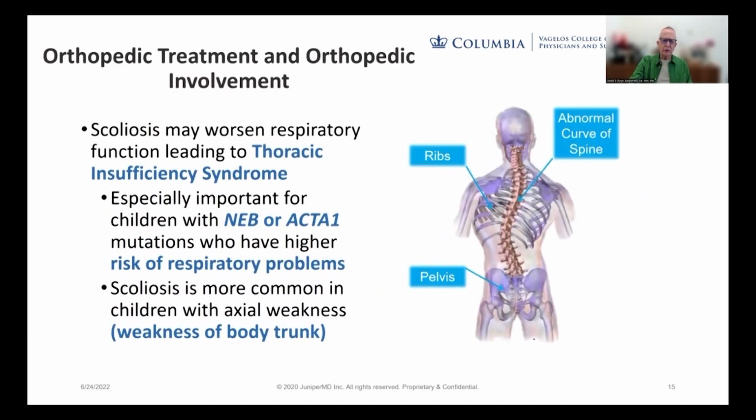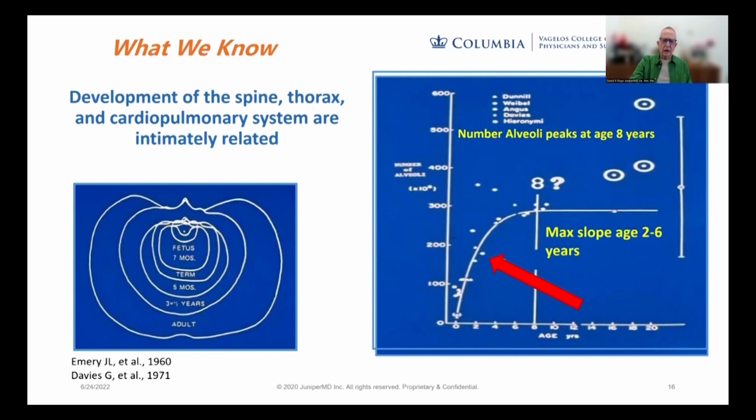Scoliosis may worsen respiratory function, leading to thoracic insufficiency syndrome. This is especially important for certain mutations that carry a higher risk of respiratory problems. And scoliosis is definitely more common in children with axial weakness. We know that development of the spine, thorax, and cardiopulmonary system are intimately related.